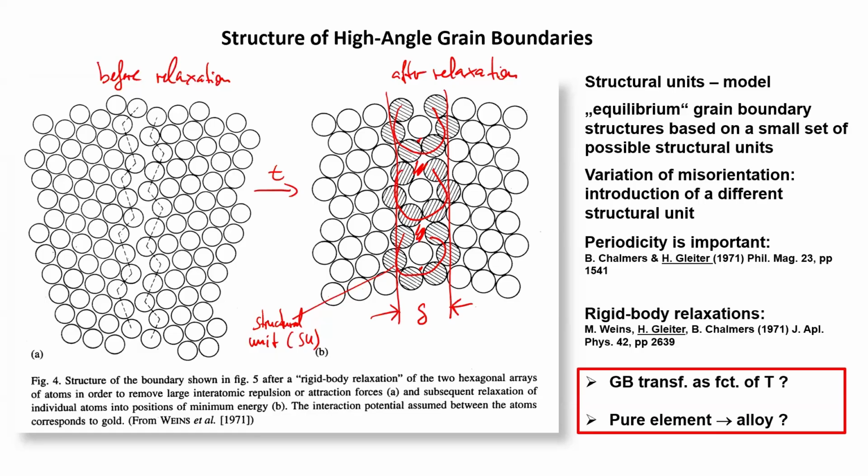There are phase transformations, structural phase transformations in the boundary plane. And people have termed this complexions. So the whole work on this topic can be found under the name of complexions, grain boundary complexions.